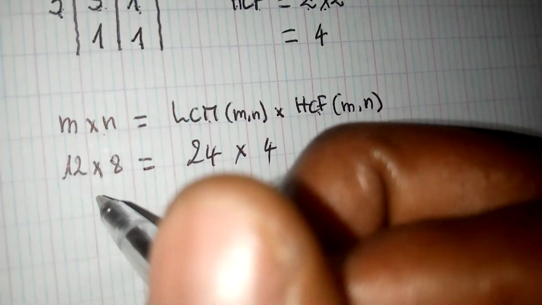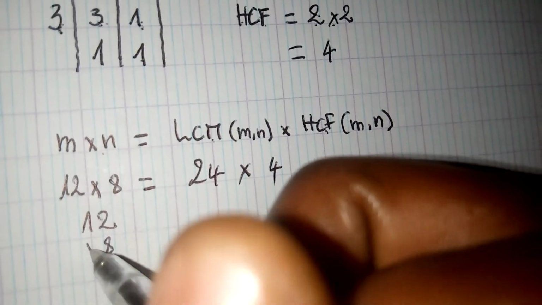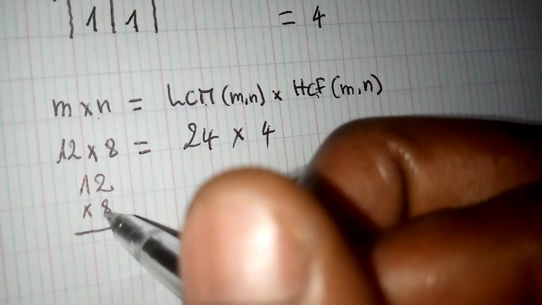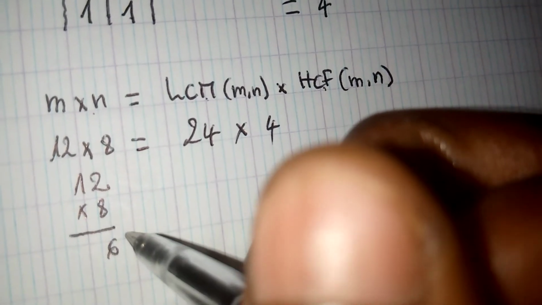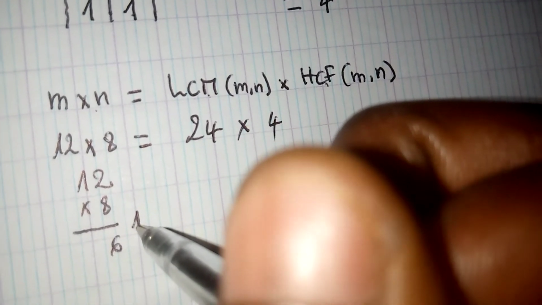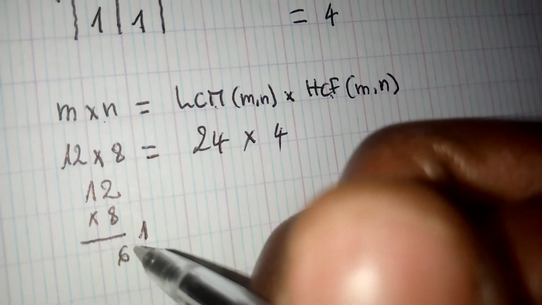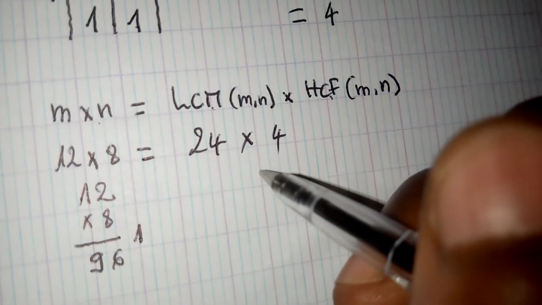So if we take 12 times 8, now 8 times 2 is equal to 16. I write 6 and I keep 1 here. Then 8 times 1 is equal to 8, plus 1 is equal to 9, giving 96.